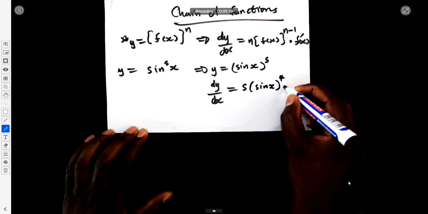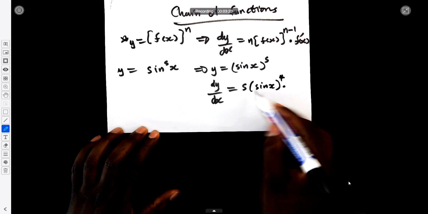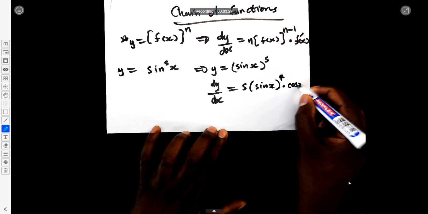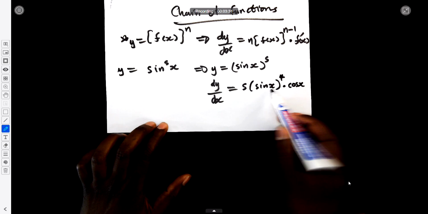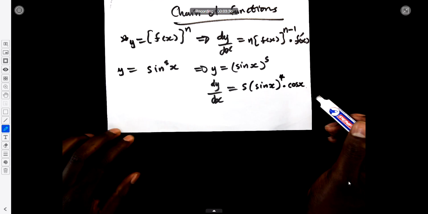So you make sure that you multiply by the derivative of the function inside the bracket, which is going to be cosine x. And you were supposed to multiply again by the derivative of the angle. But derivative of x is 1. So here we count the chains of functions.